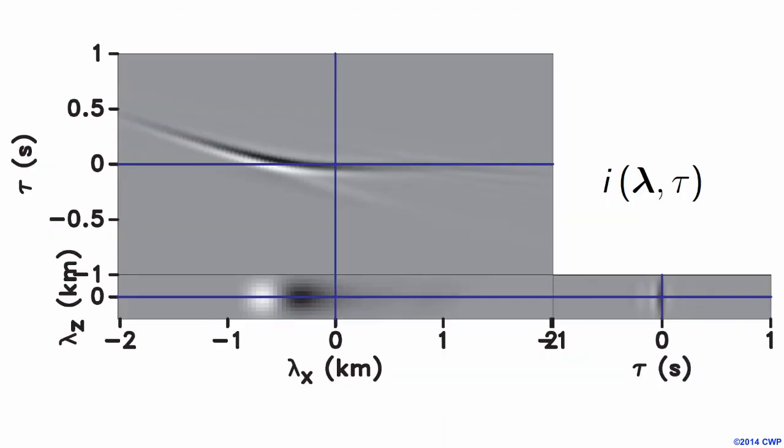Here, vertical space lag and horizontal space lag, as well as time lag. And you've seen these objects before in this meeting and others. What we notice here is that this object is not focused at zero lag, and that indicates that we have incorrect velocity. This is the velocity information that we can use for tomography. And I'll show you a brief illustration of that.